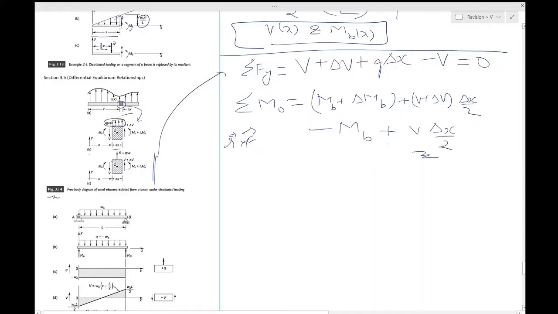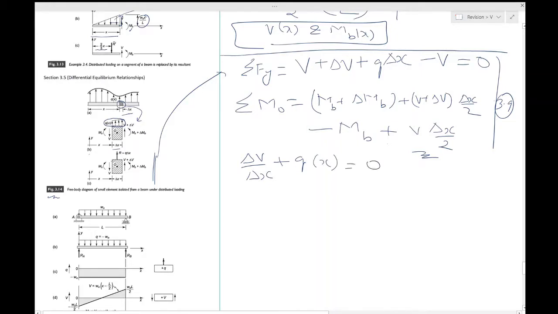So this is the force and the moment balance, and before you actually take this limiting process of delta x tending to 0, you must do this. So this is 3.9, and you are basically rearranging 3.9 to write it in this form.